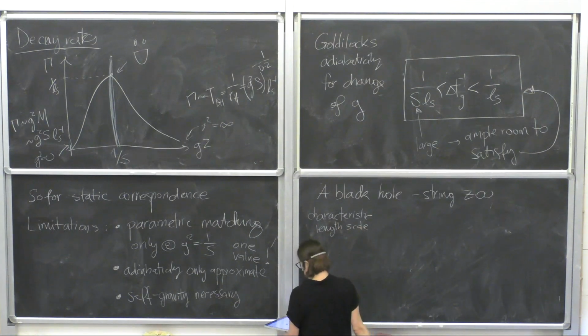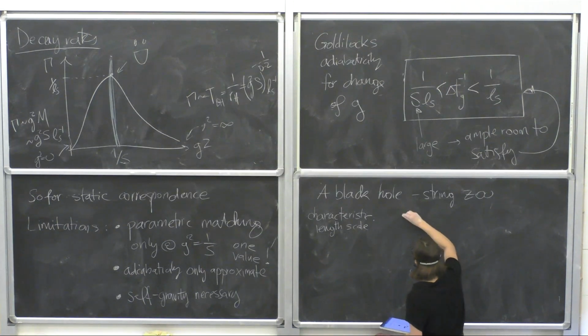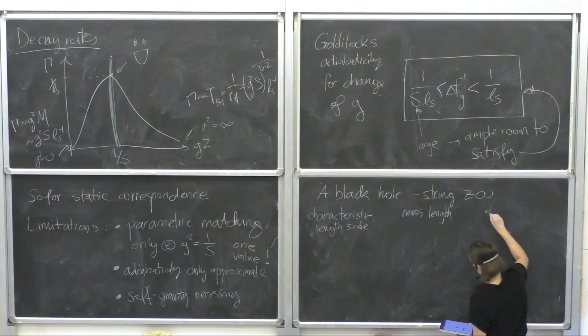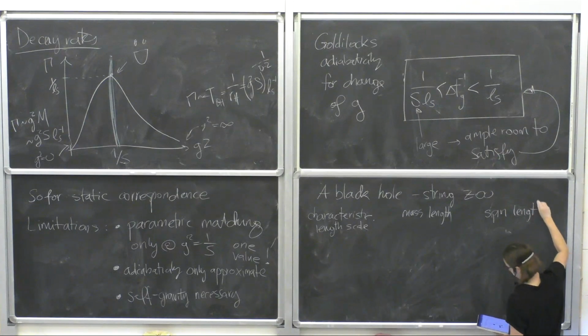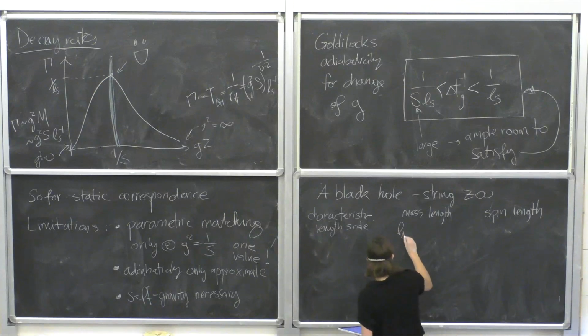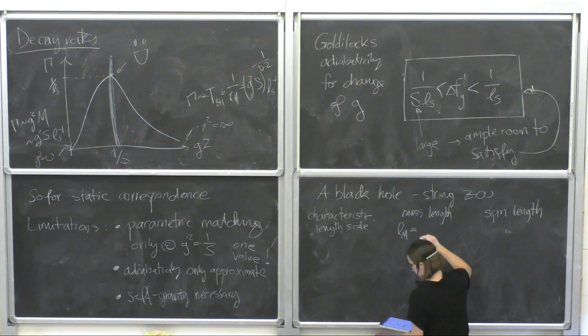So I will introduce two characteristic length scales. One I will refer to as the mass length, and the other one as the spin length. So what's the mass length? The mass length is given essentially in terms of the scale of the black hole, so the horizon.